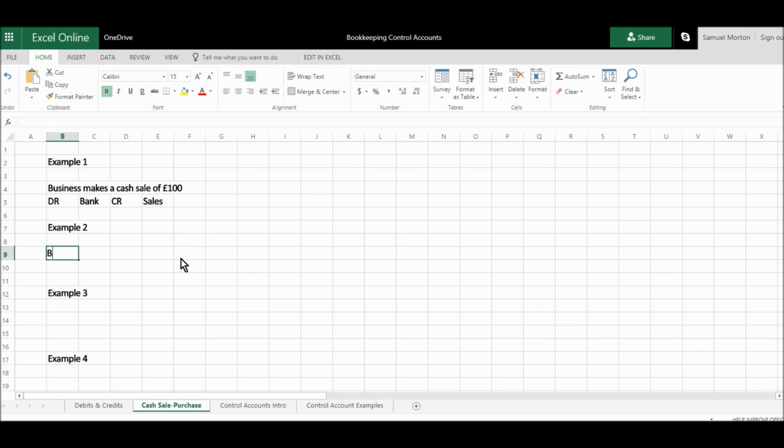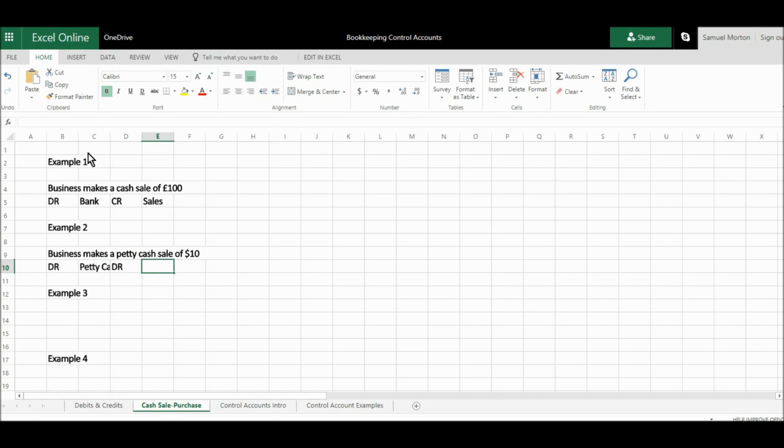So let's do another one. Business makes a petty cash sale of $10. So once again, we have our debit and our credit. The debit will be petty cash. The money becomes an asset, which is a debit entry.